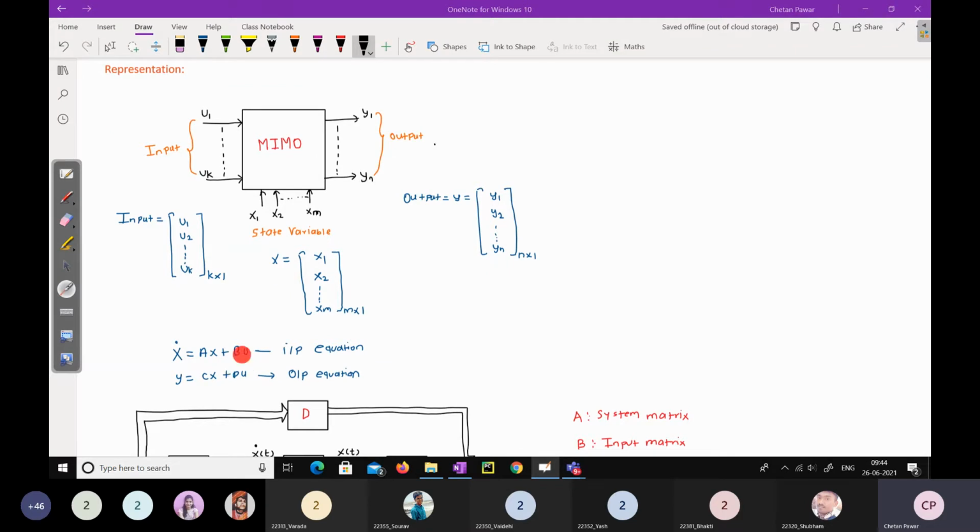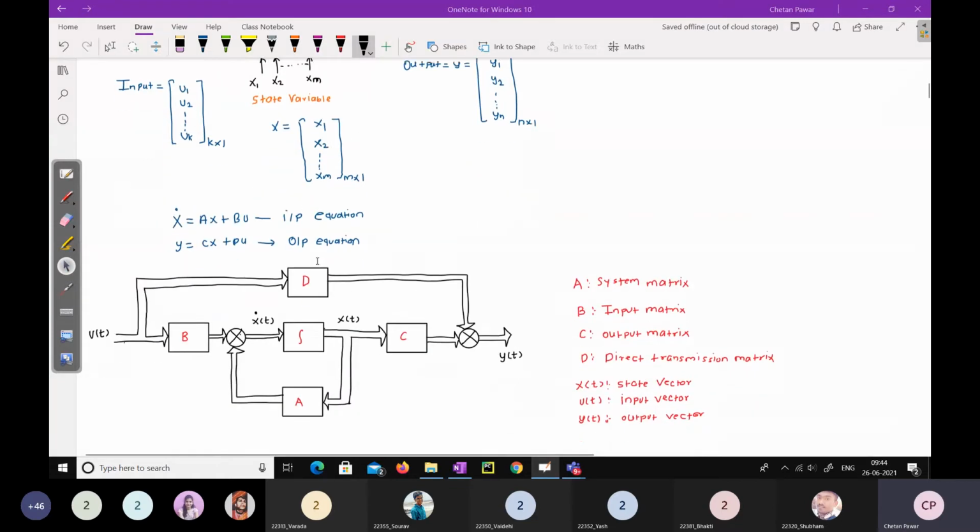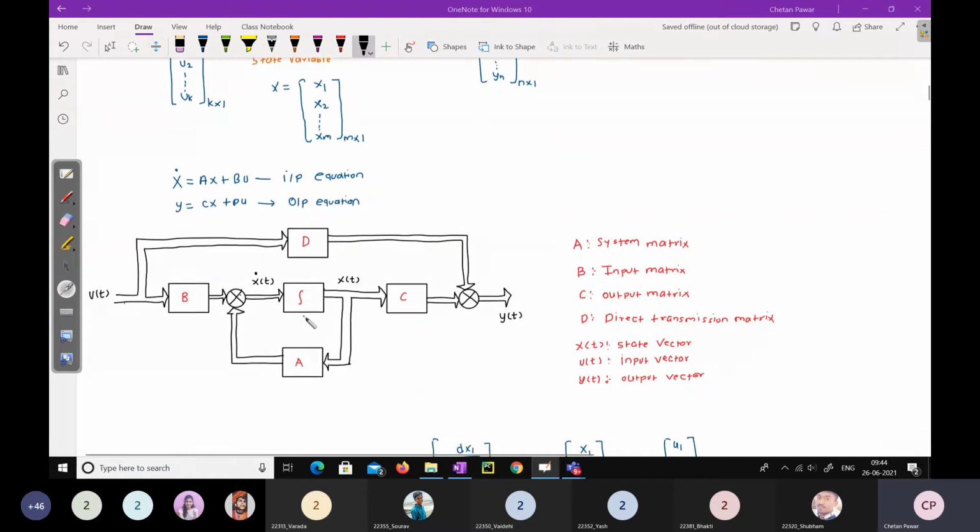Now what are A and B? A is the system matrix. If you see this in terms of a block diagram, A is the system matrix which represents this system. Here x of t is the state vector, and the integrator block is there.